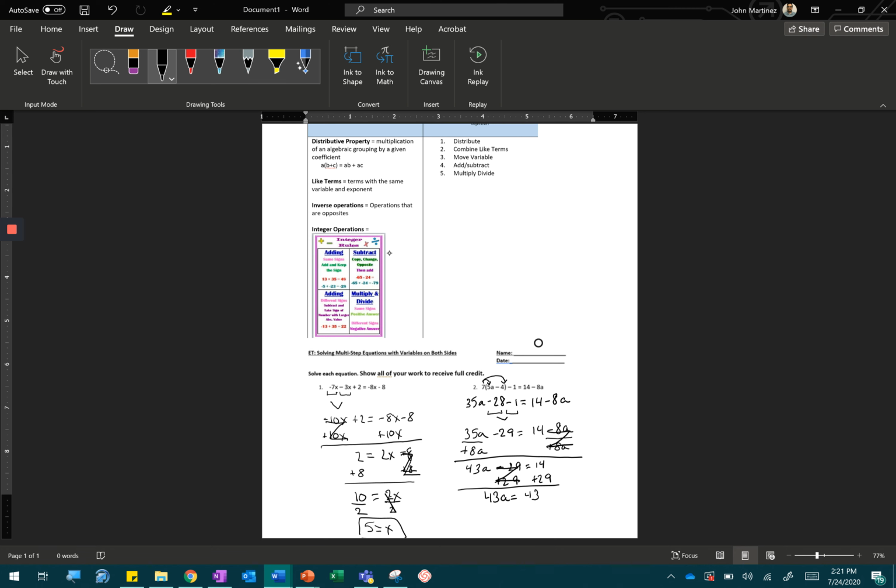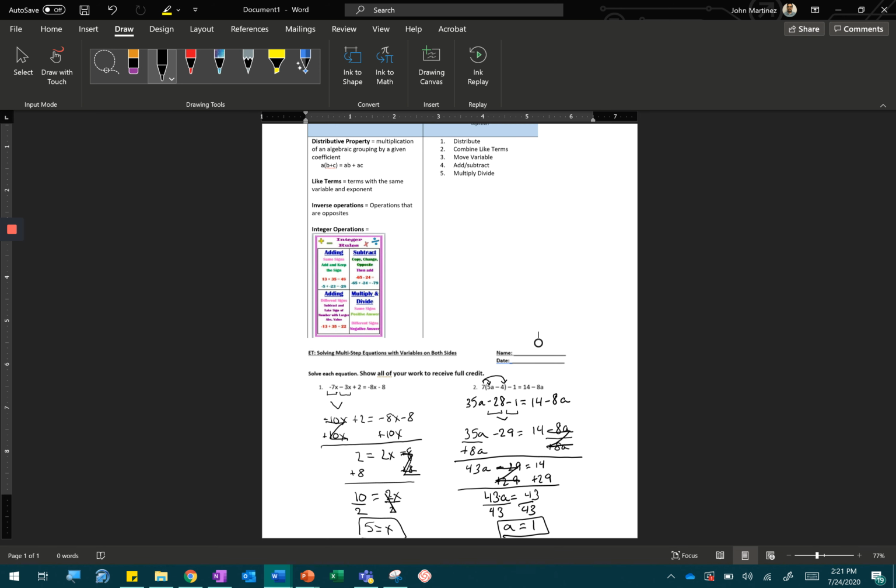My final step is to multiply or divide. Here I'm multiplying 43 and a, so I have to do the opposite, which is dividing. And then I know that 43 divided by 43 gives me 1.